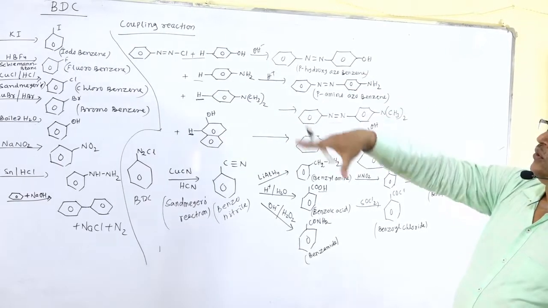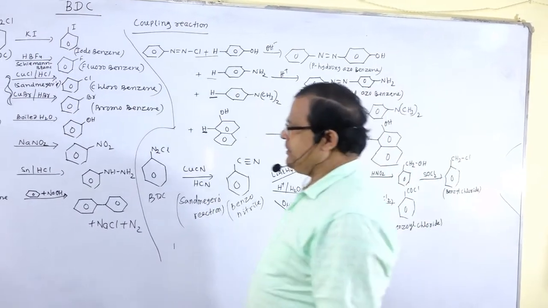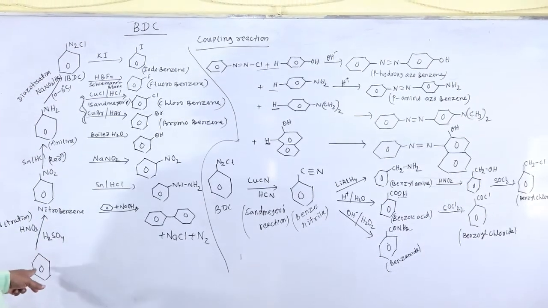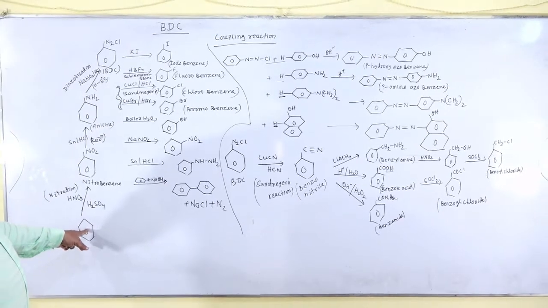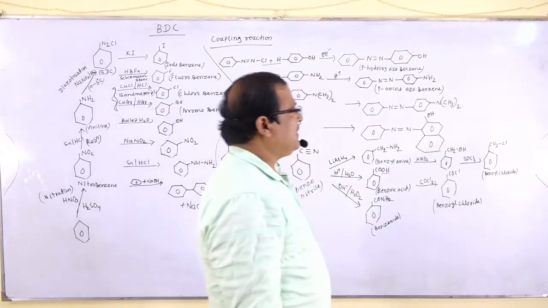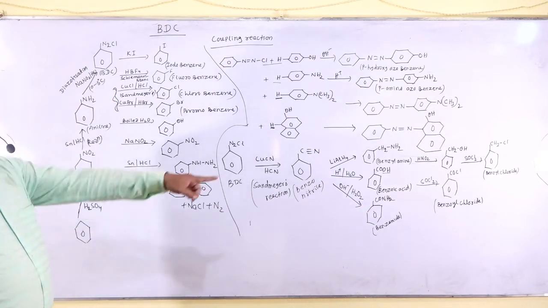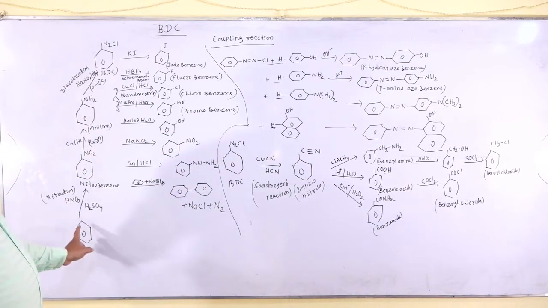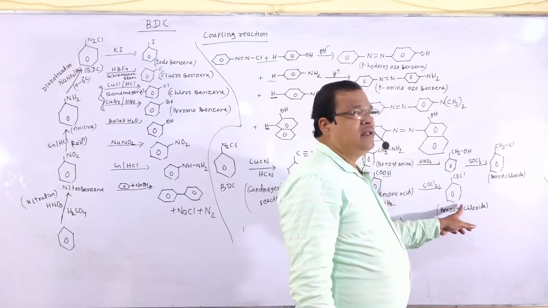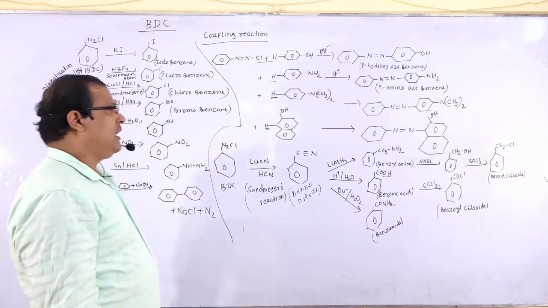If we analyze the whole board, question and answer, we will start from benzene, and we want to reach benzoyl or benzyl chloride, or para-hydroxyazobenzene. That is one type of organic conversion. How is that done?